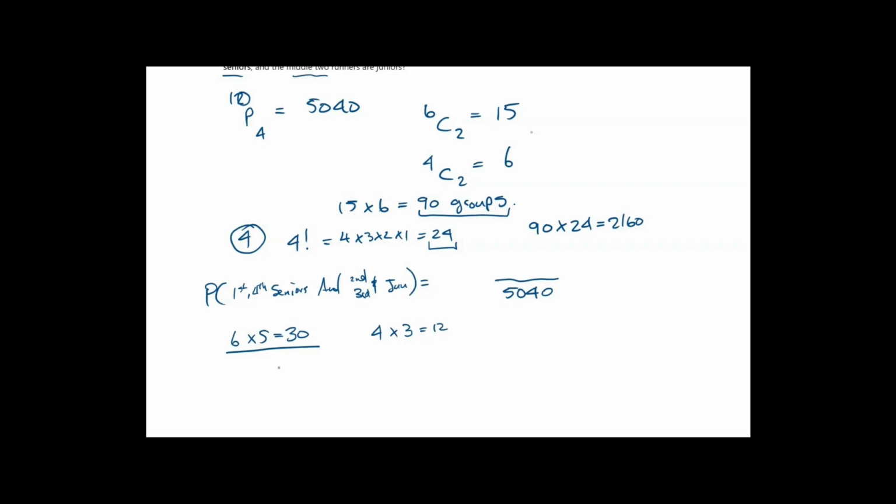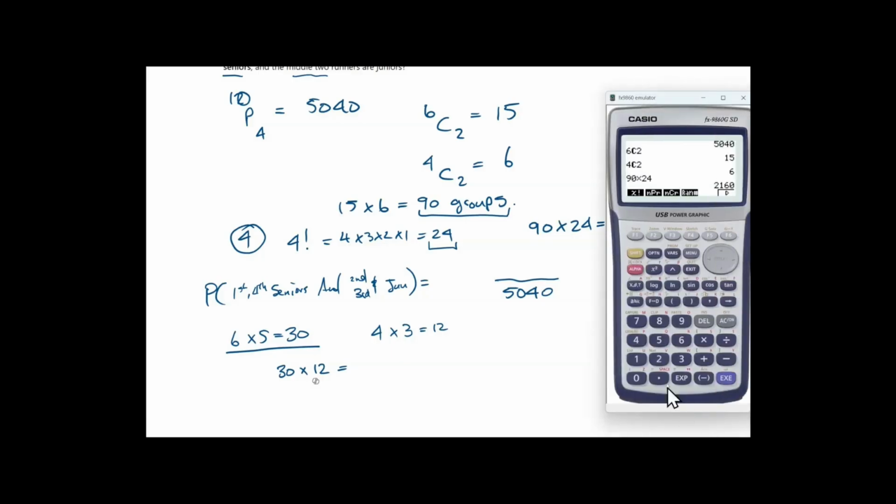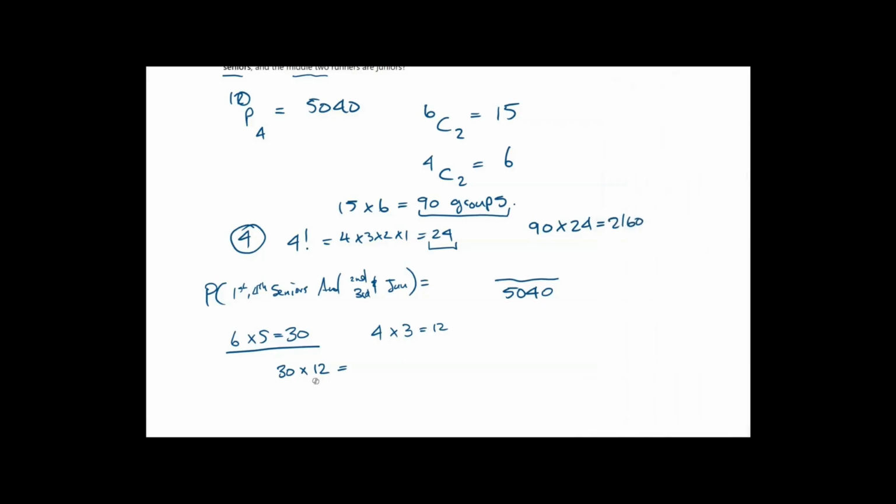So in total, the number of ways of doing this is 30 times 12, which I can't work out off the top of my head. 30 times 12, I should know it. 360. So there are 360 different permutations that meet that criteria.